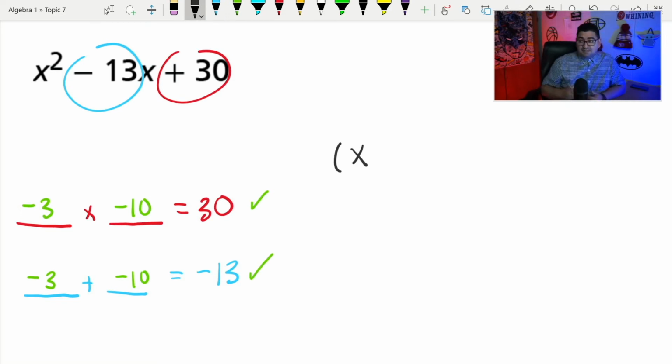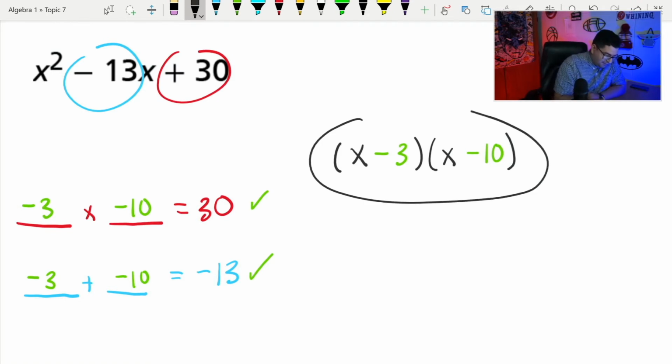Now instead of having x plus a number, I'm going to have x minus 3, because it's a negative 3. And I'm going to have x minus 10, because it's negative 10. And these are the two binomials that I needed to factor. Multiply those two, you will get the trinomial we started with.